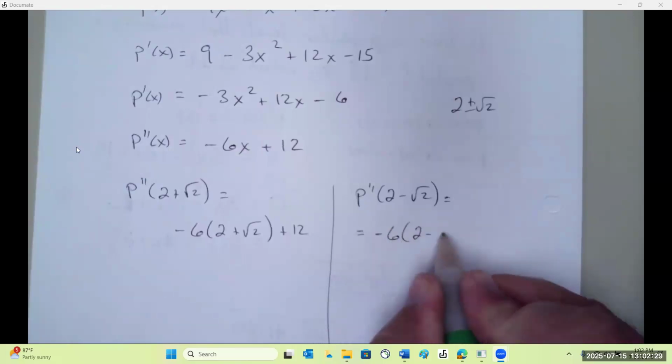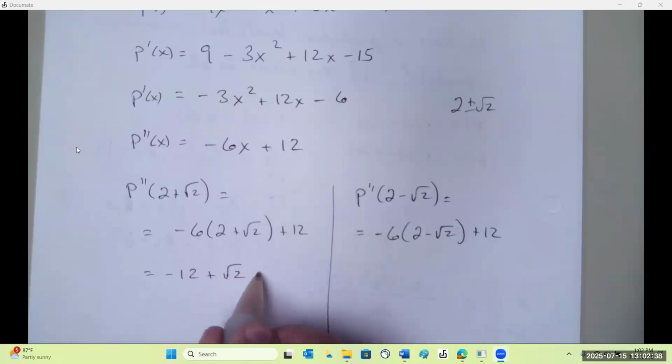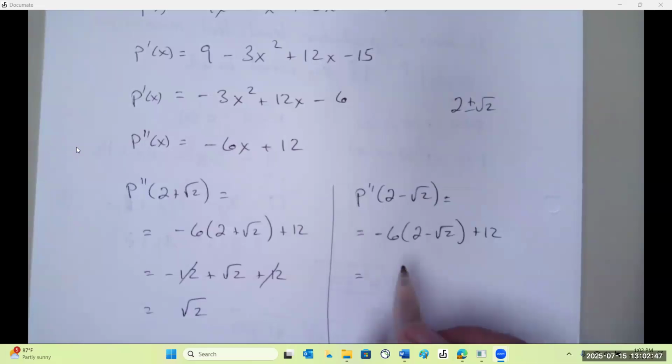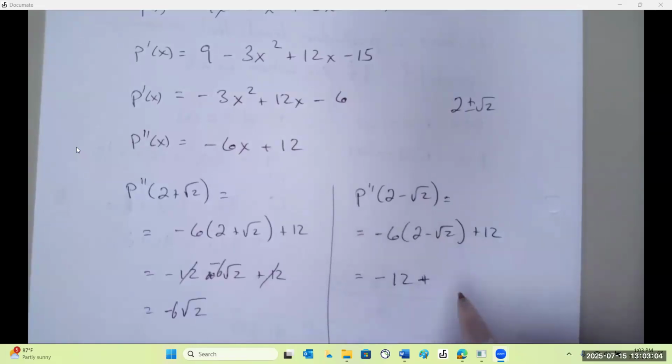Negative 6 times 2 minus radical 2, plus 12. So that's minus 6 radical 2 for the first, and plus 6 radical 2 for the second.